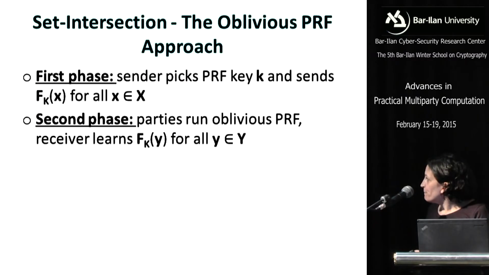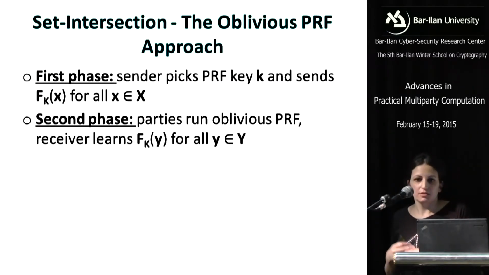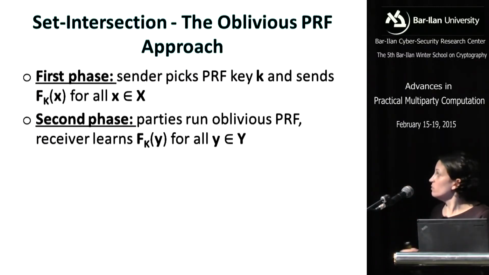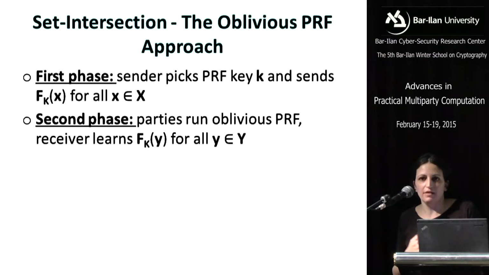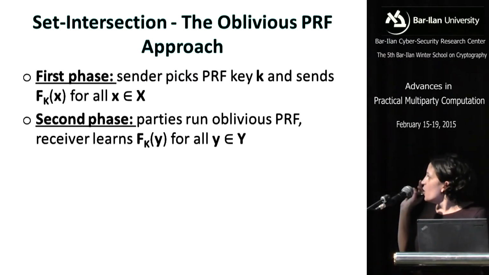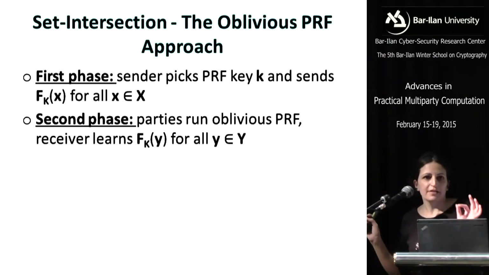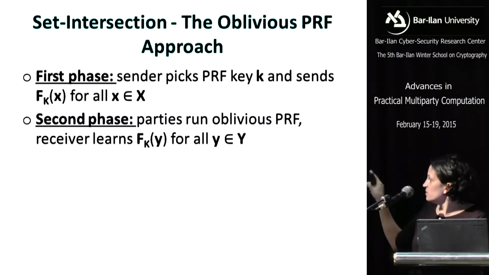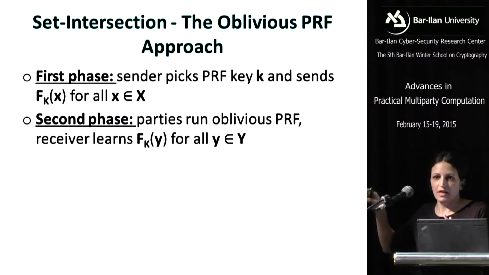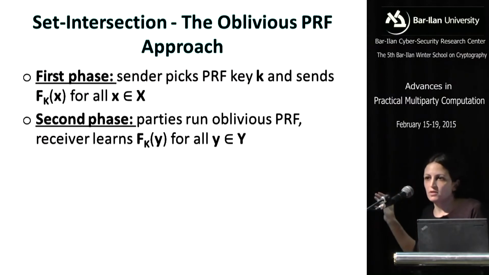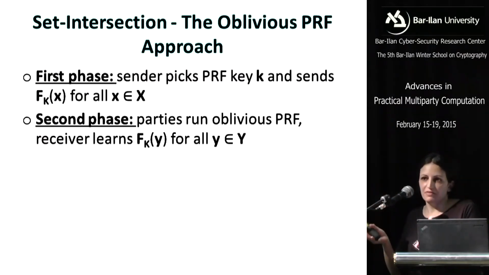And how do we use algebraic PRFs to implement this? How do we actually get a set intersection protocol? The sender picks a PRF key and evaluates the PRF on the elements of its set, F_k(x1), F_k(x2), and so on. He gets a set of PRF elements and sends them to the receiver.